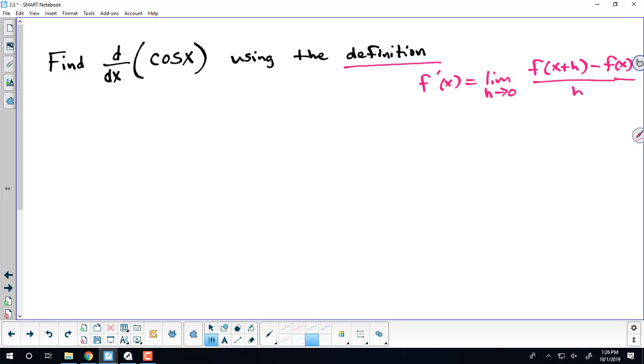So we need to compute that for our function, which is cosine x. We'll compute f of x plus h, and then put that into the definition.